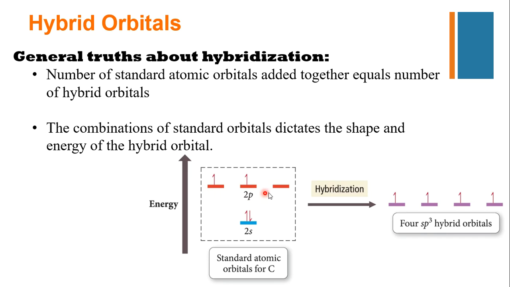So if I put 3 high energy p orbitals in, these coming out the other side are going to be a little bit higher in energy. But if I can leave out one of the p orbitals, which we'll do much later, this will be a little bit lower. And if I can leave out 2 p orbitals, this would be even lower. So what you put in is going to dictate what comes out the other side.